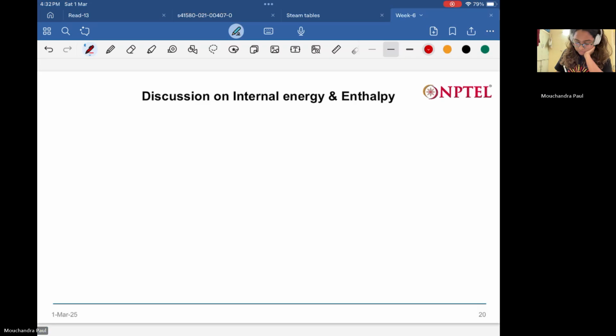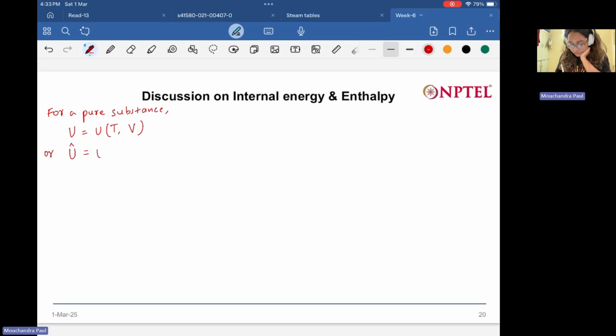For a pure substance, internal energy is a function of temperature and volume. Or you can also write specific internal energy is a function of temperature and specific volume.